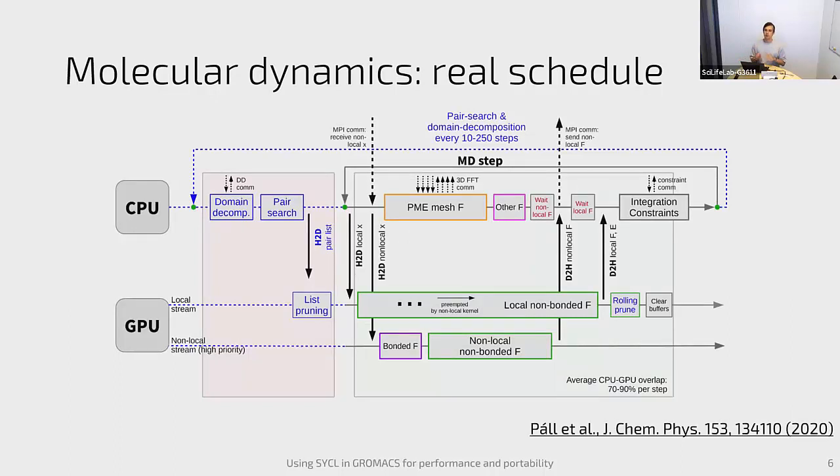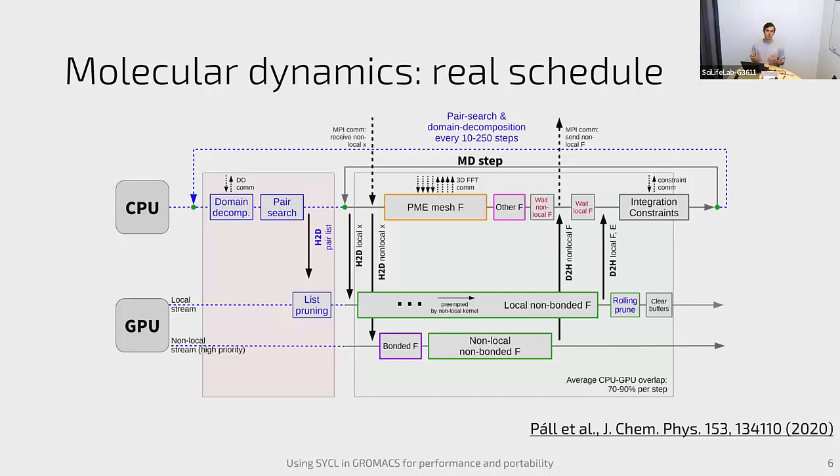And besides, we do want to support multiple types of simulations. Here we have one of the real computational schedules. We have multiple overlapping work on CPU and GPU, multiple kernels running in parallel. We have communications with other nodes. And in the ideal case, we get a pretty good overlap. But sometimes, for example, we might prefer to offload all the work to the GPU just to avoid unnecessary synchronizations.